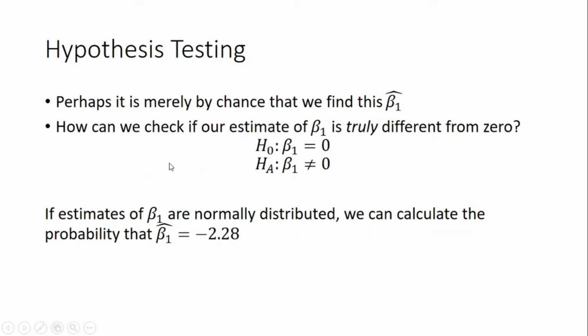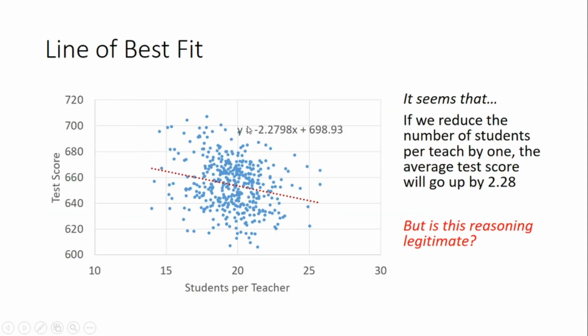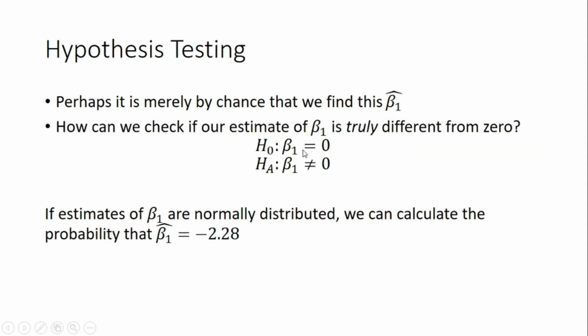So we need to set up a hypothesis. Like I said, perhaps it's merely by chance, given the data that we have, that we find this beta 1. Perhaps if we had different data, we'd get 0 20 times, and we only get minus 2.27 this one time. So perhaps it's just unlikely that we got this.